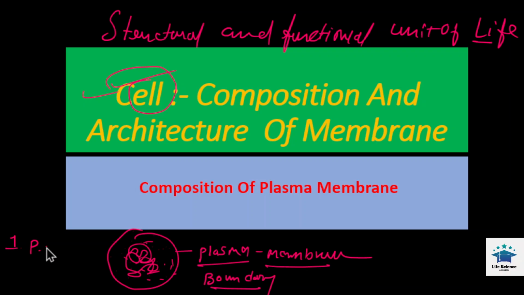First one is the plasma membrane, second one is the cytosol, and third one is the genetic material, whether RNA or DNA. We will learn detail about the plasma membrane in this lesson.